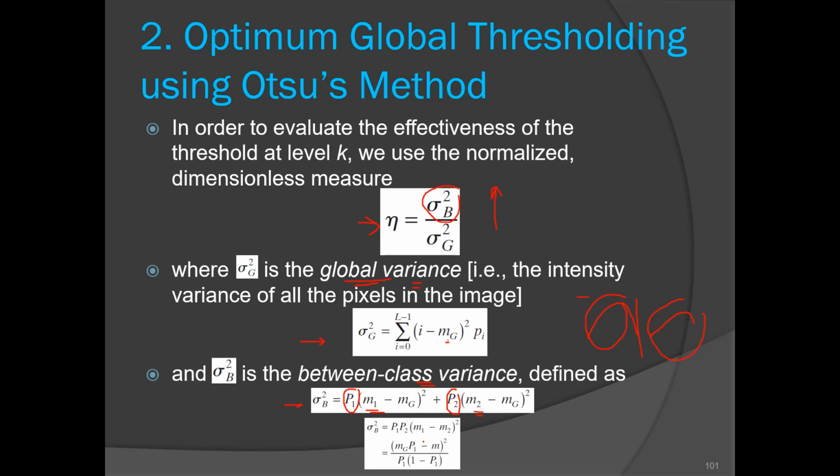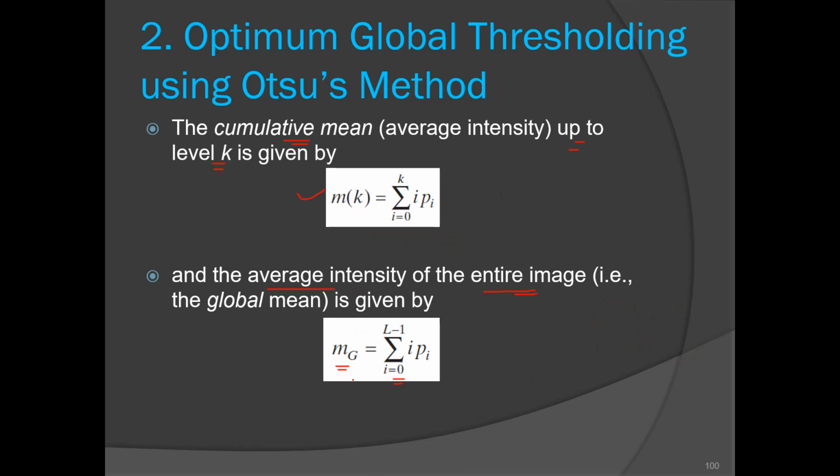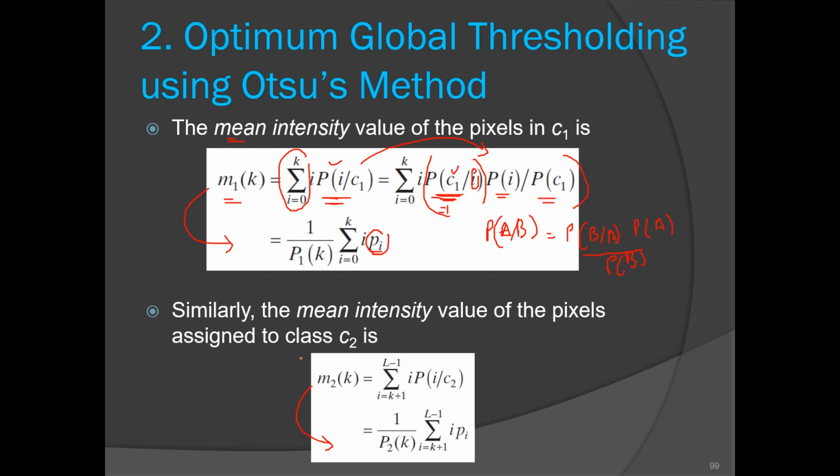As you can see in this equation, if this subtraction, m1 minus m2, is higher, then the between class variance will be higher. And what are m1 and m2? They are the mean intensity level of C1 and the mean intensity level of C2. If you have two modes, this will be m1 and this will be m2.